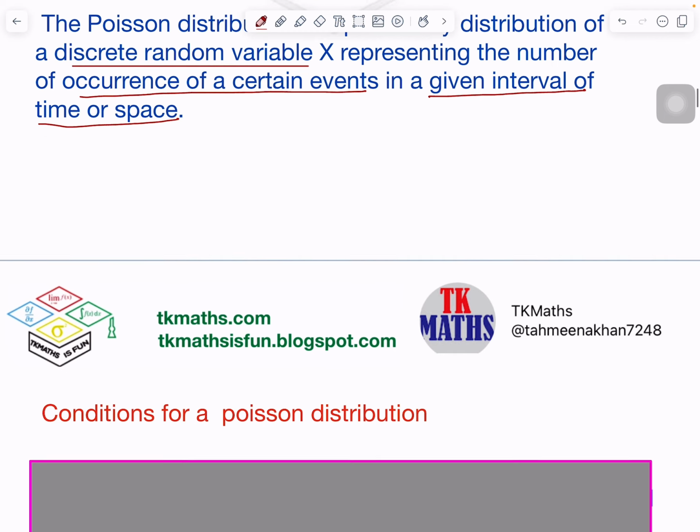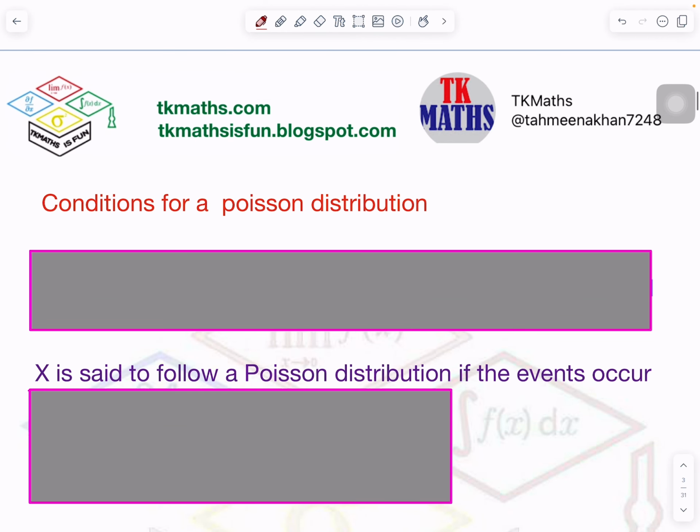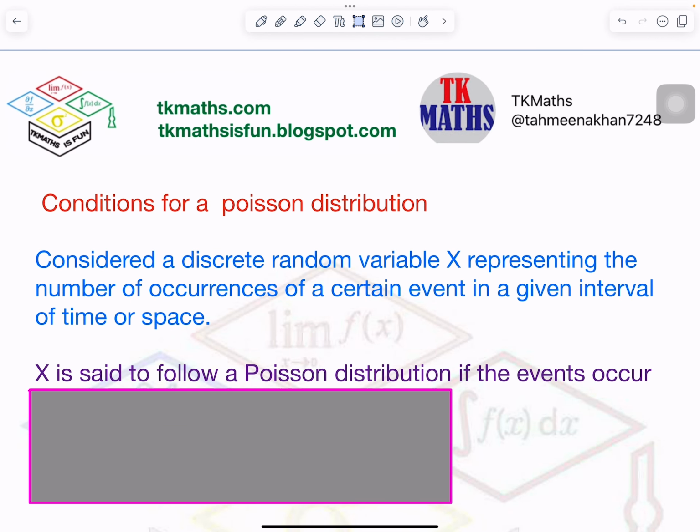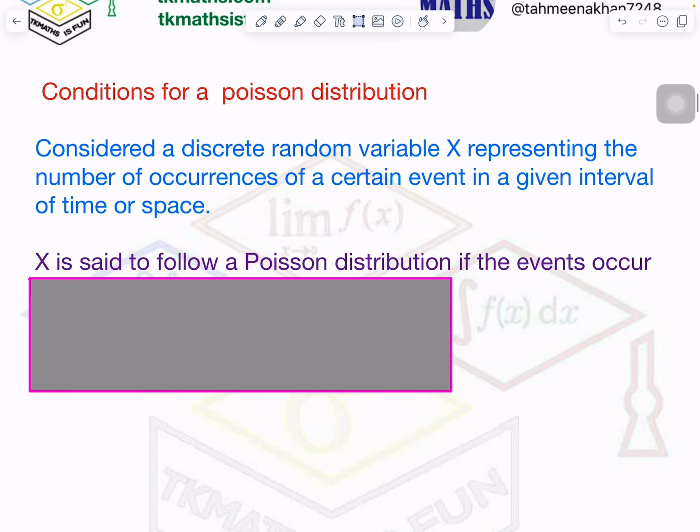So x is a variable which is talking about the number of occurrences of a certain event in a given interval. By the way, if you are finding this wording difficult to understand, when the question comes, you will grasp it. Don't worry. So x is the random variable which is following a Poisson distribution.